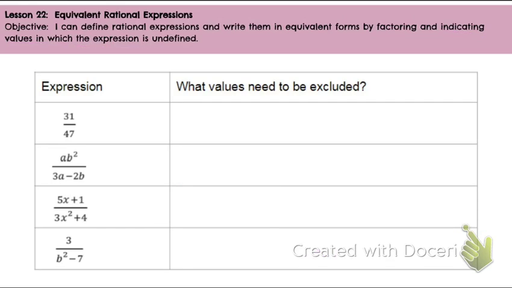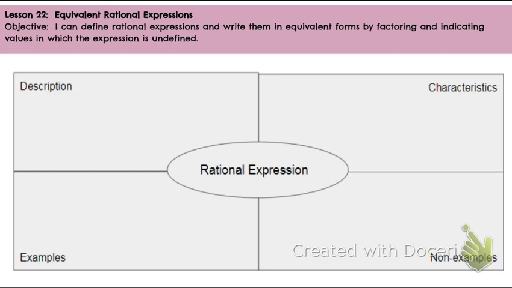Flip your paper over to page 2. This particular chart is called a Frayer Model, I believe. It's where you take an idea, a rational expression, and you fill out different pieces of information about it.